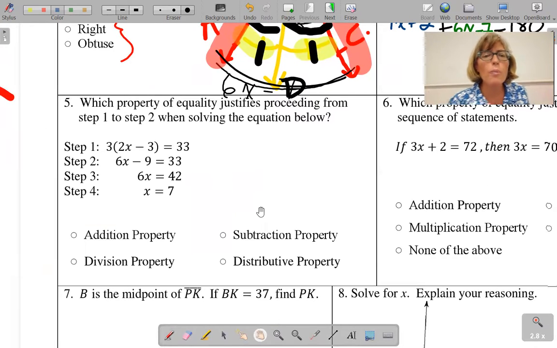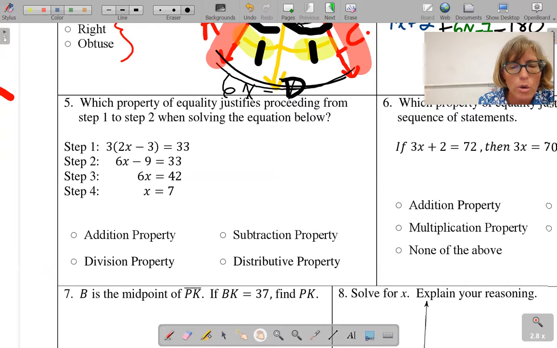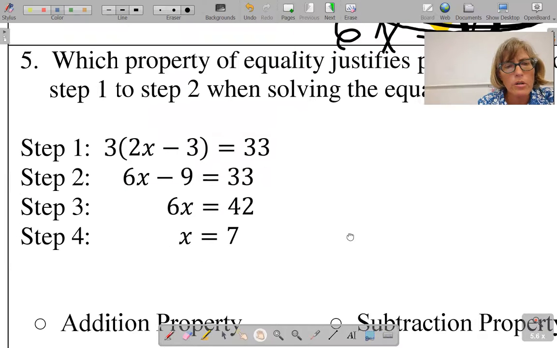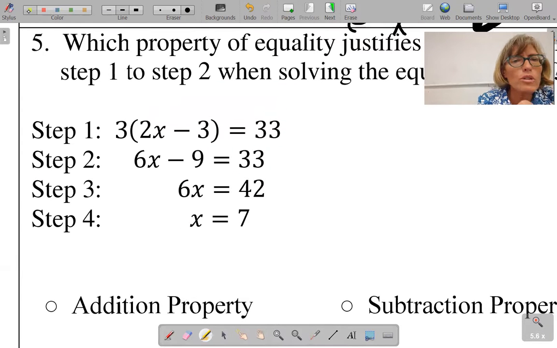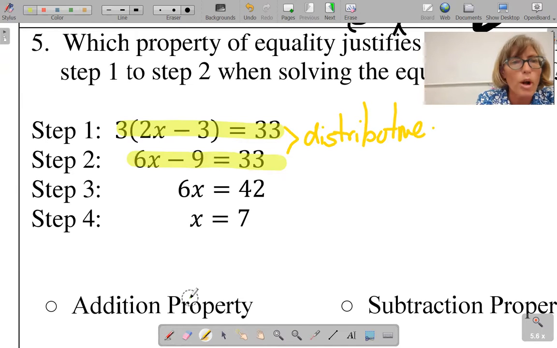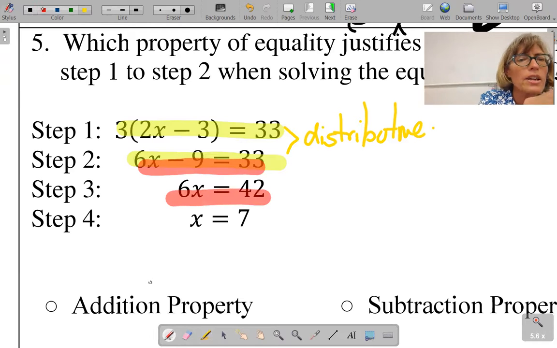It says, which property of equality justifies proceeding from step 1 to 2 and solving the equation below? We're just going to do all of them right here. What's going on from here to here is the distributive property. Then going from here to here, we added 9 to both sides.